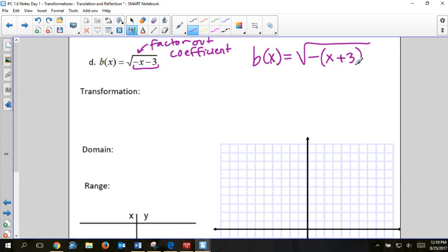So now we're going to say, what are our transformations? There is a negative sign. That means there's going to be a reflection. But is it vertical or horizontal? Horizontal. It's still underneath the radical, so we reflect horizontally. Which axis? The y. So we reflect in the y-axis.